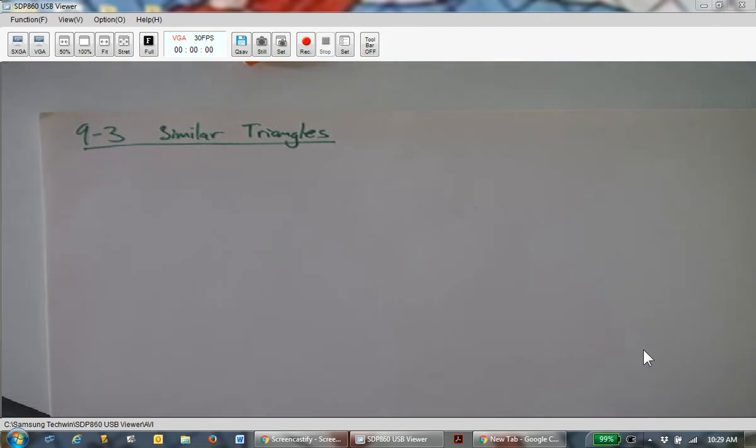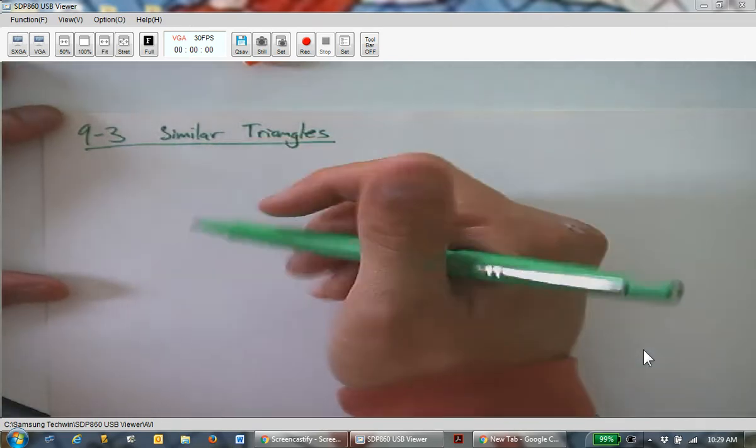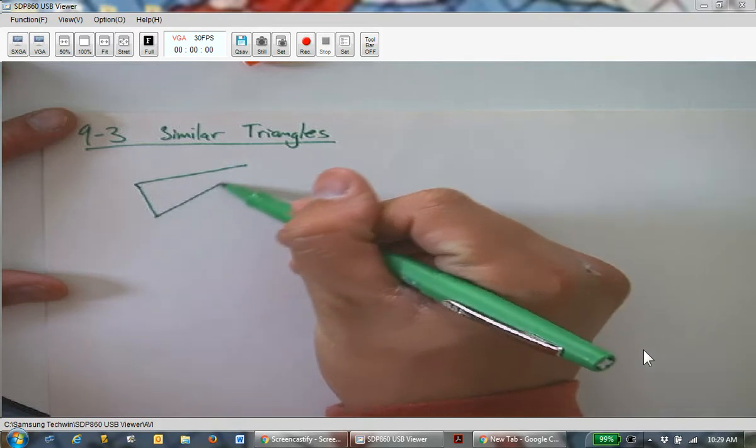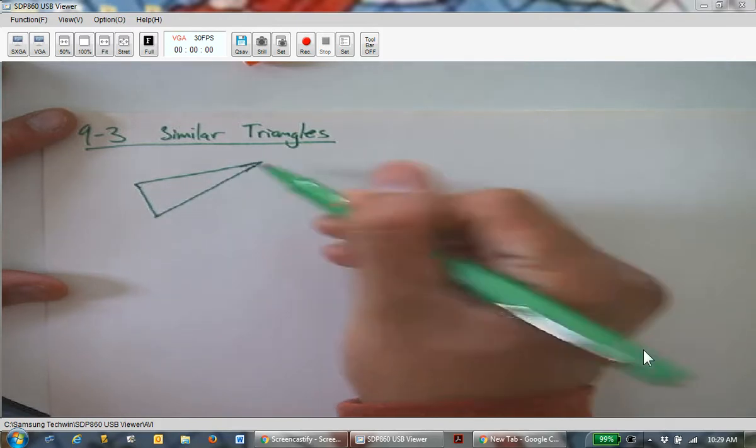Sorry, my apologies. Let's hone in on similarity relationships in triangles, right? So if I drew to you two triangles that I'm not going to say are similar now at all, right?